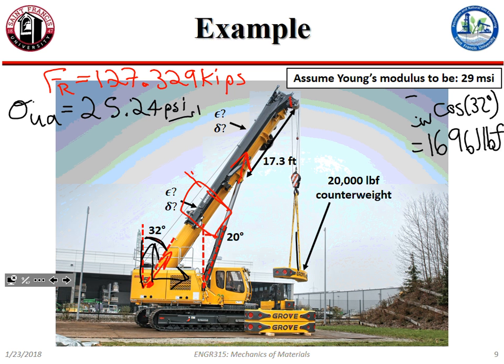You have that force there, that force there, force there. I want to be consistent. How do I find forces acting on the element on the lower part of the arm?